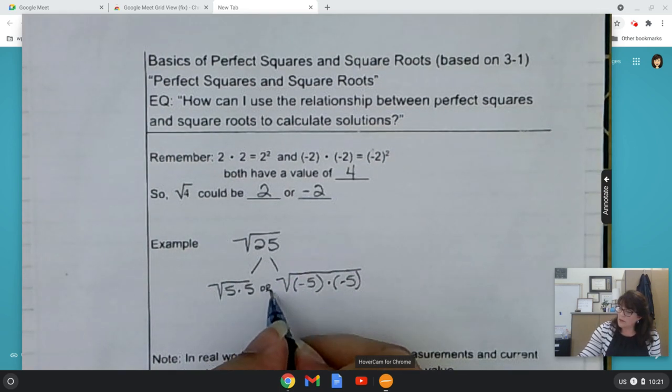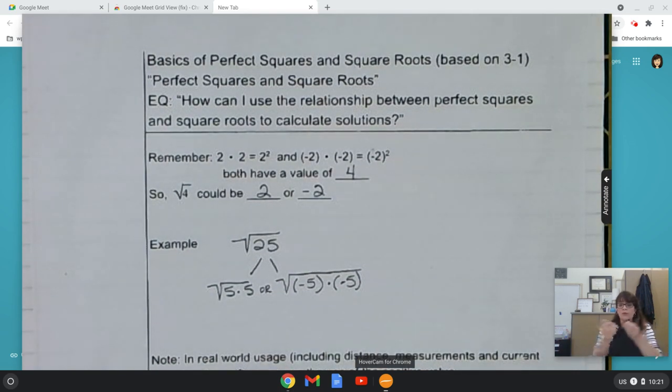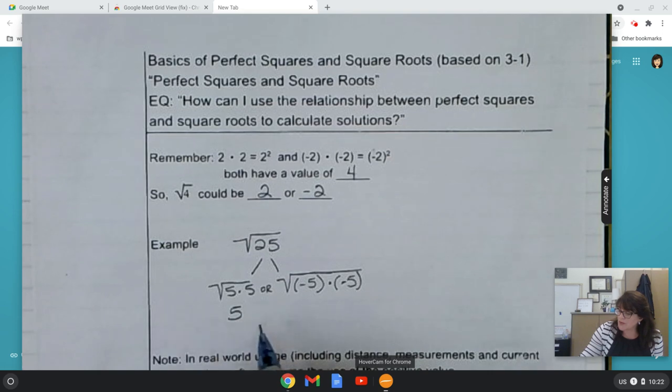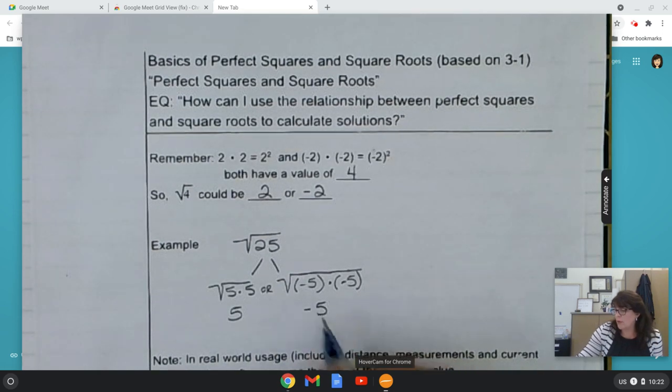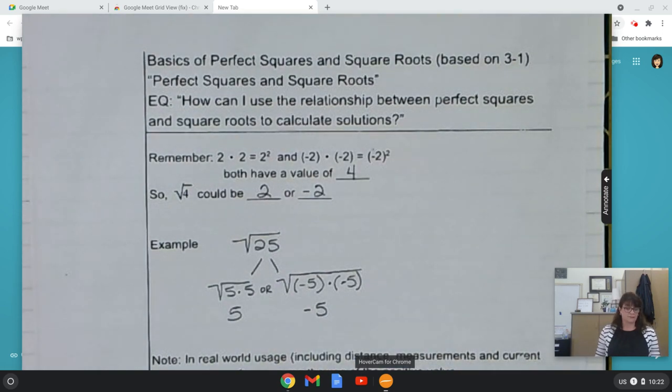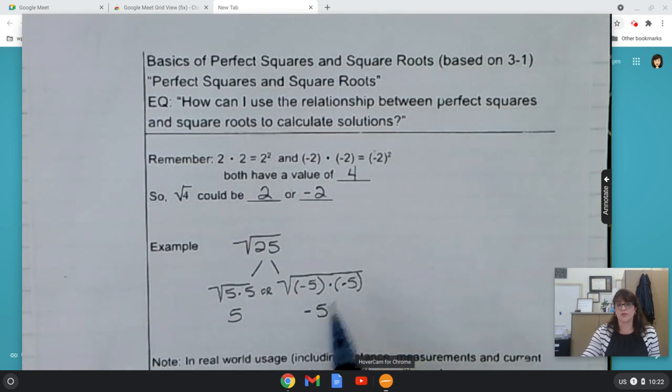We don't know, because the product of each of those is 25. So the solution could be 5 or it could be negative 5. This is the why of what we're doing.